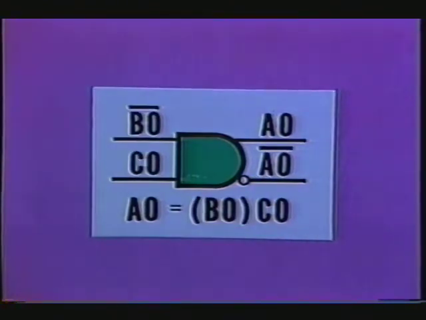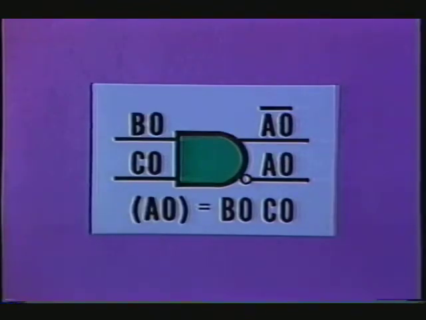Example 2 is similar, except that one of the inputs, not B0, is inverted. The same rules apply to example 3, although the results appear rather strange. Again, we assign the generated term, not A0, to the normal output, and the terms being ANDed to the inputs.